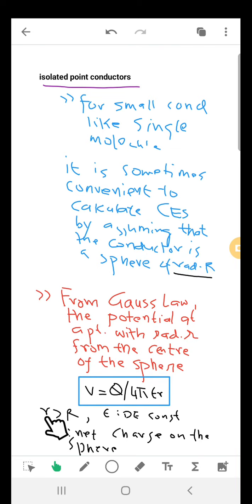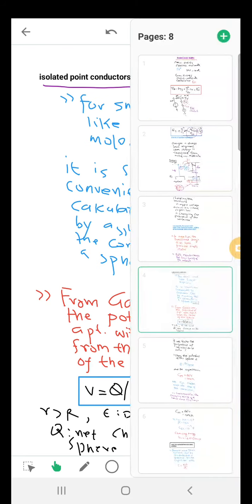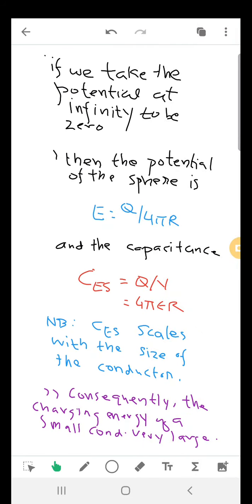We are assuming the distance at which the potential is measured is much larger than the radius of the sphere. If we take the potential at infinity to be 0, then the potential of the sphere is Q by 4 pi epsilon r, and the electrostatic capacitance is Q by V, which is 4 pi epsilon r.